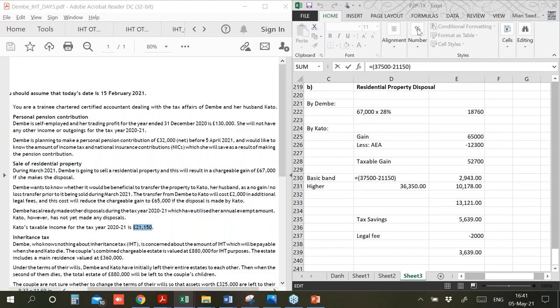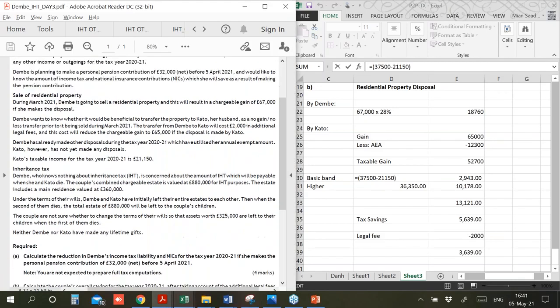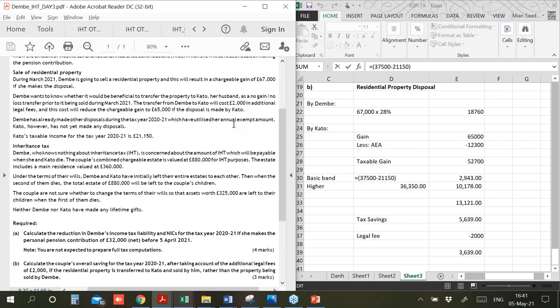Okay, so we'll move on to the last part that deals with inheritance tax. Dembe, who knows nothing about inheritance tax, is concerned about the amount of IHT which will be payable when she and Cato die. The couple's combined chargeable estate is valued at 880,000 for the purposes of IHT.